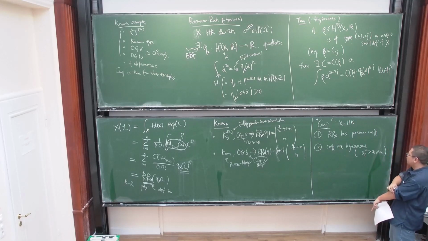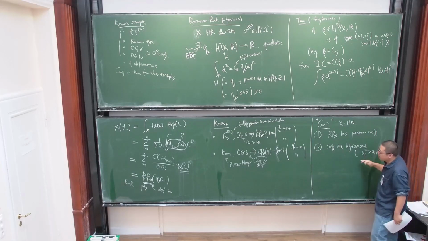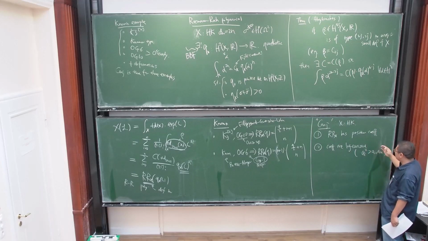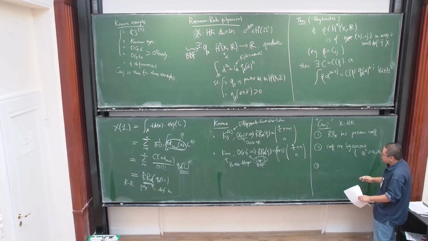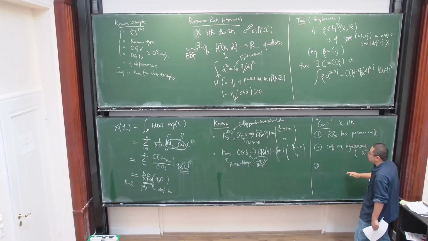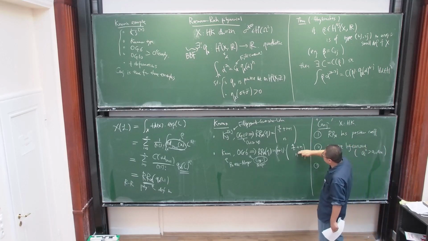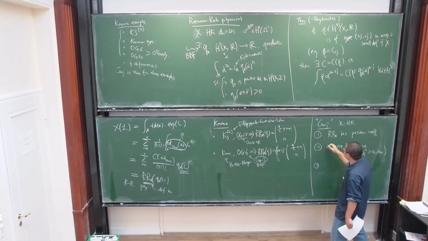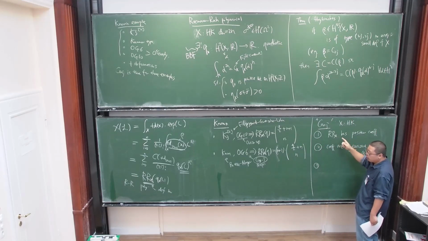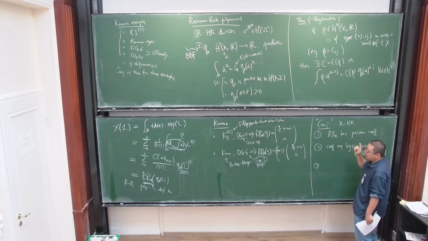Such things became popular because of Zhonghu's work, right? And the third one, we can conjecture more. From these two examples, we know that the roots of this Riemann-Roch polynomial are all negative, right?